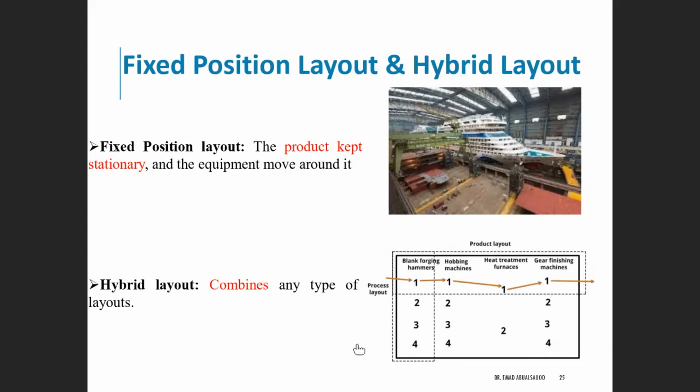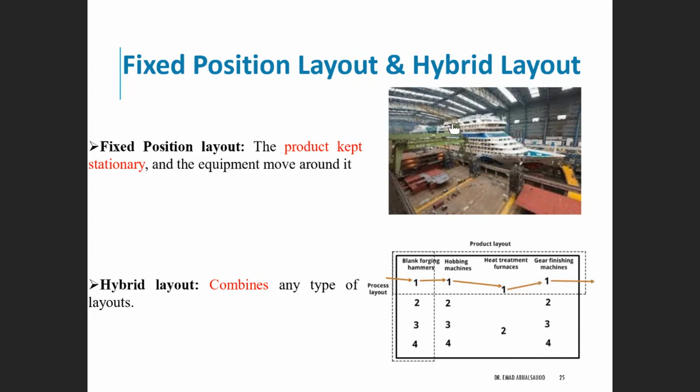The last two layouts we have remaining are the fixed position layout and the hybrid layout. Fixed position is very easy. It's different than all the other layouts that we have covered, the product or the process. Here the product is kept stationary, fixed. Equipment moves around it.